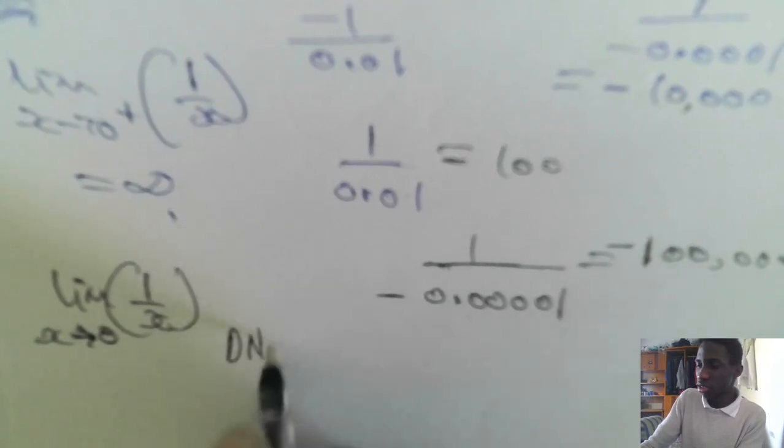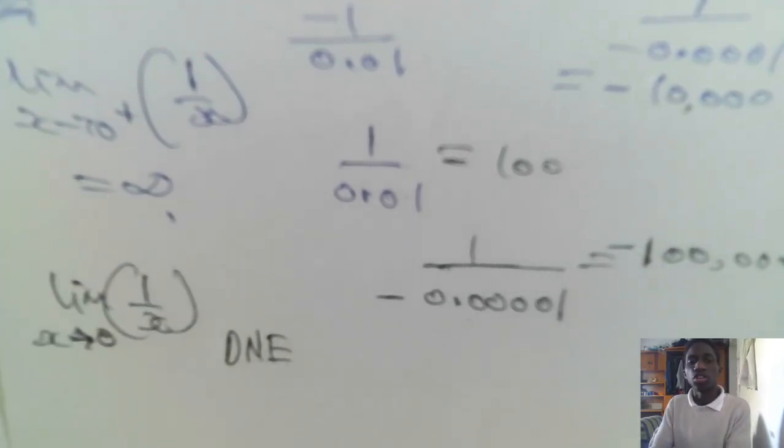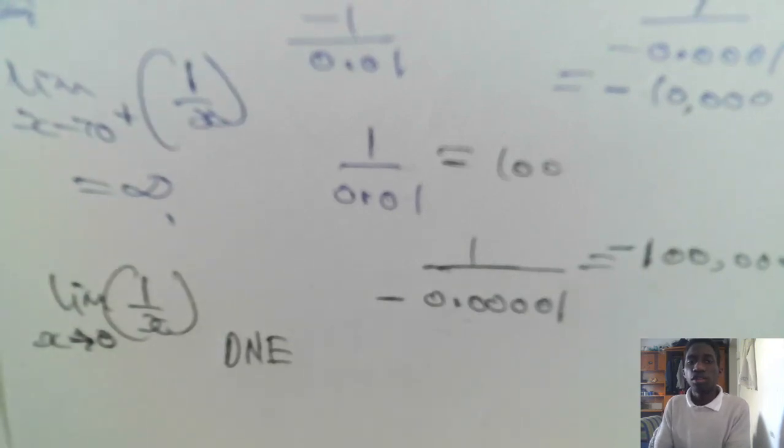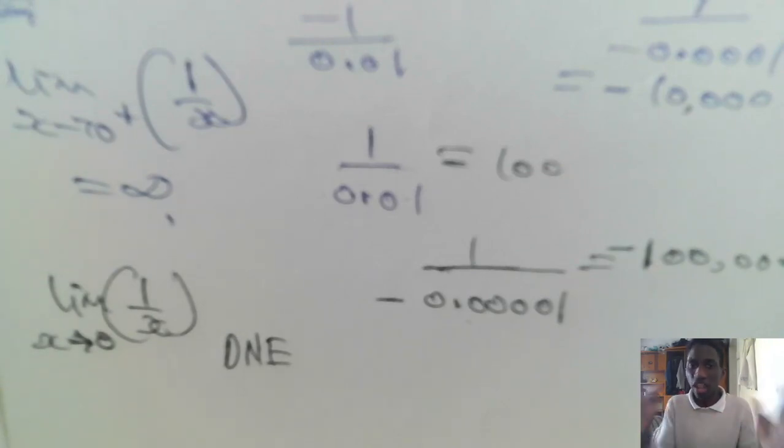This does not exist, because it approaches very large in magnitude negative numbers as you approach from the left, and very large positive numbers as you approach from the right.